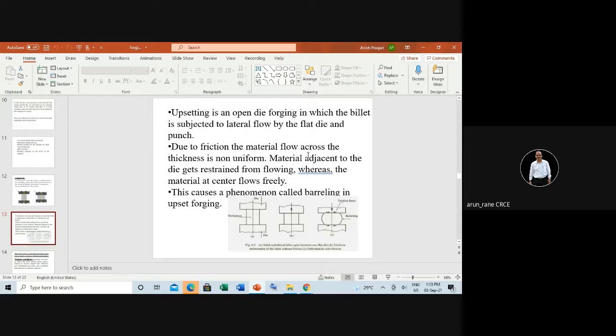So upsetting is an open die forging in which the billet is subjected to lateral flow. Billet is nothing but a raw material.